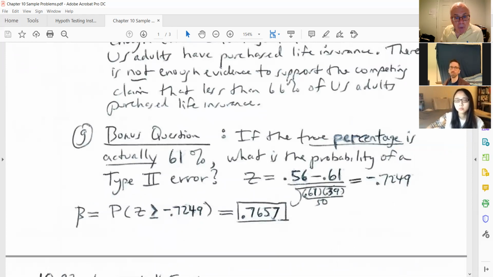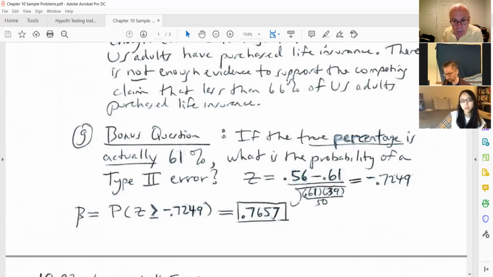What you have to do is recalculate your test statistic. Based on what? Based on 0.61 now, not 0.66. This is your new population mean. This is a fact now. It's not even a guess anymore.